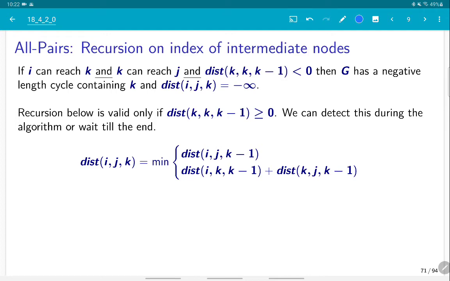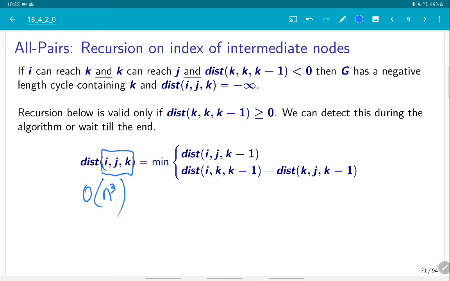It's not immediately obvious what would be the running time if we now just do memoization, so let's figure this out. We have three parameters, i, j, and k. They can all go between 1 and n. So we're going to have n cubed distinct calls. That seems bad.